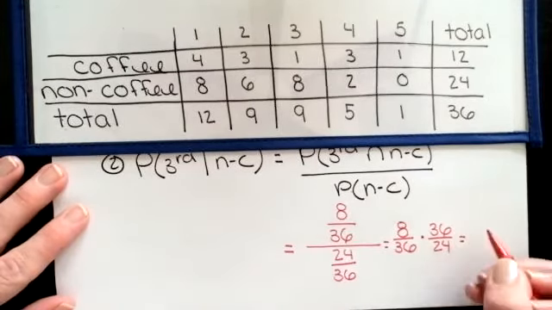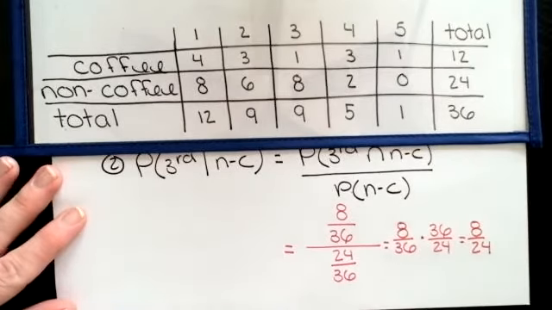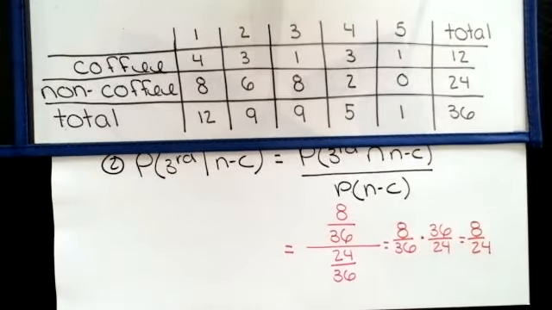And the 36s will cancel, and I'm left with 8 out of 24 here. And that's how we're going to use the formulas given the information in the table. Because remember, like I said, I'm always going to give you the table. You have no pressure to use one way or another. You could choose whichever way you want for calculating these probabilities.